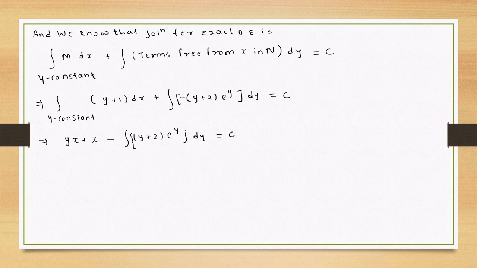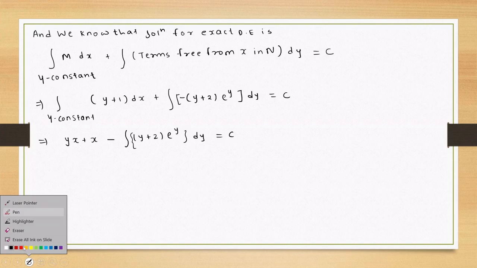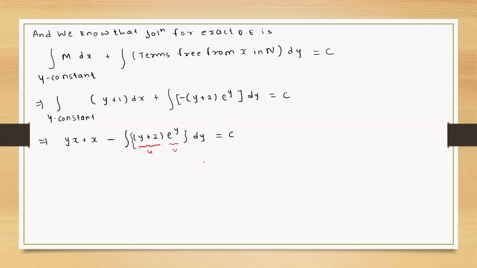Now we can use the Leibniz rule here. What is the Leibniz rule? Suppose we consider this as u and this as v, then we have a formula.